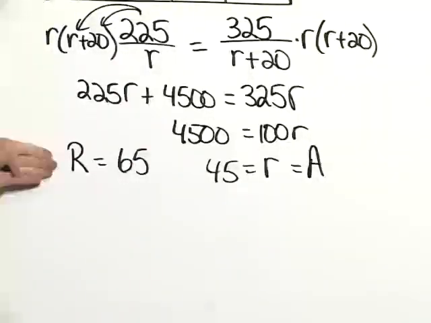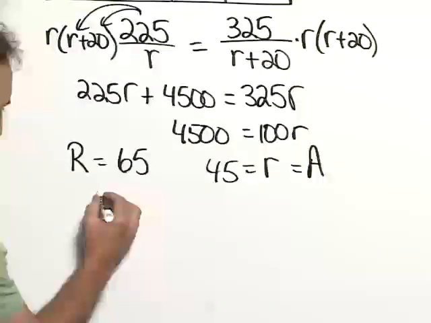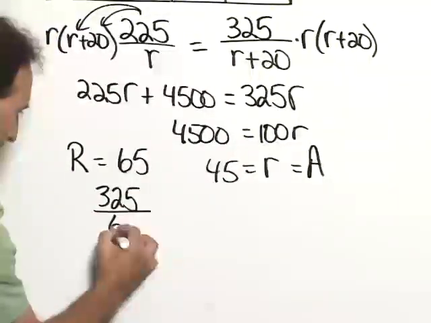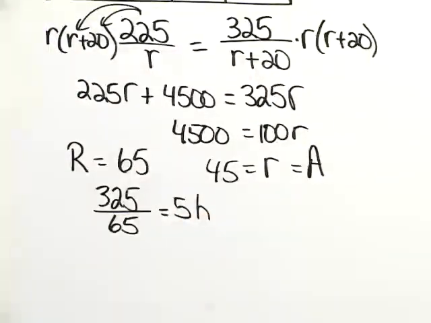We just carried out the problem, which is the third step in the process, and the fourth step is to check our answer. Well, the way we can check the answer is to say, here's Ryan, his speed is 65. If we take his distance, 325, and divide it by 65, that would be equal to 5 hours.